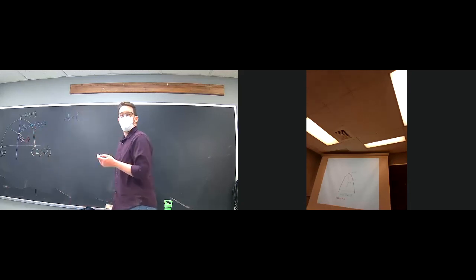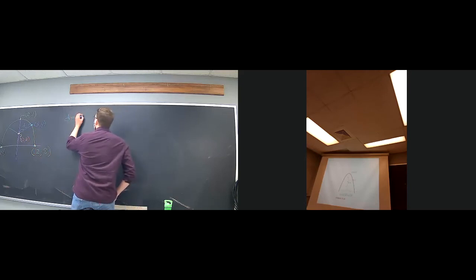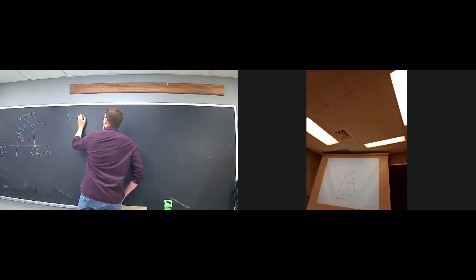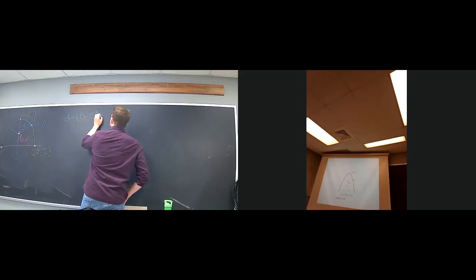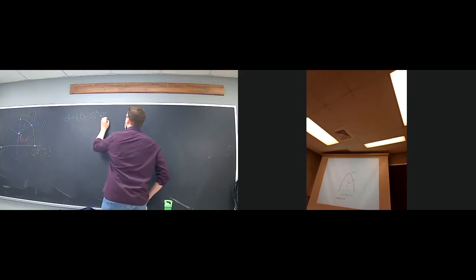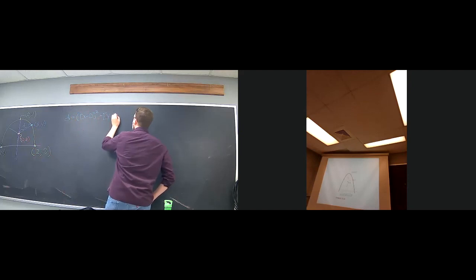So we're going to take the square root of (x minus 0) squared plus (y minus 2) squared.